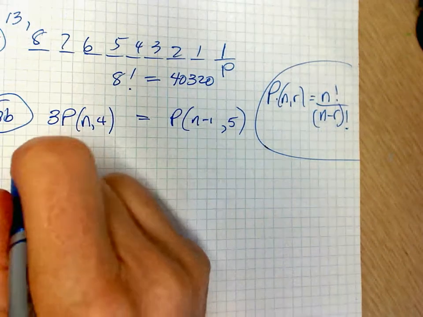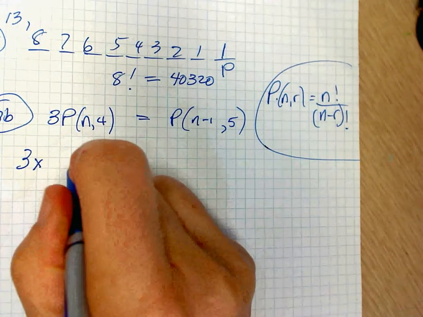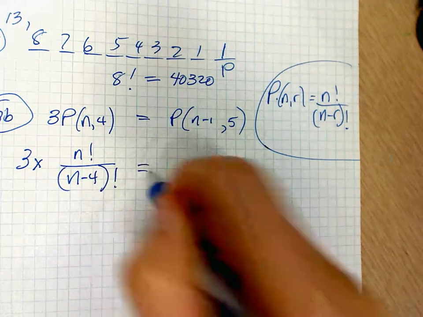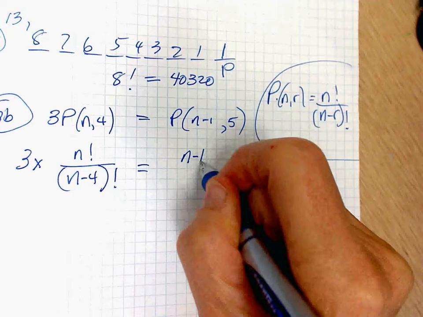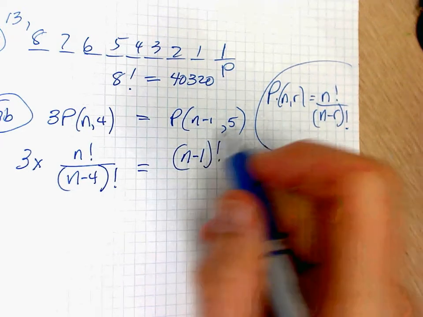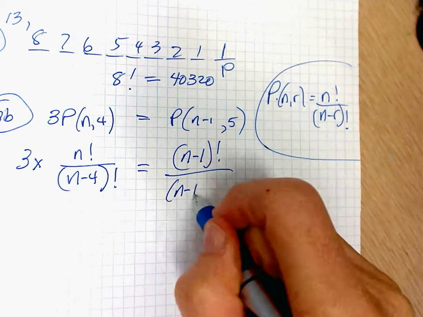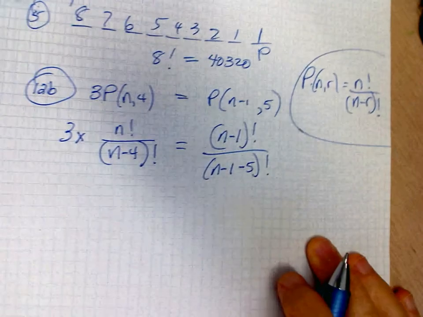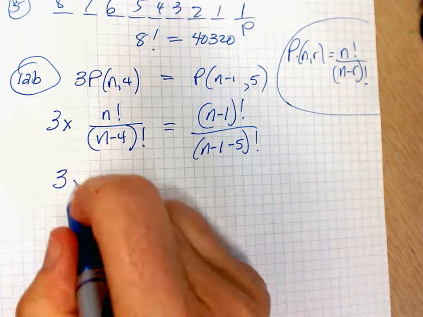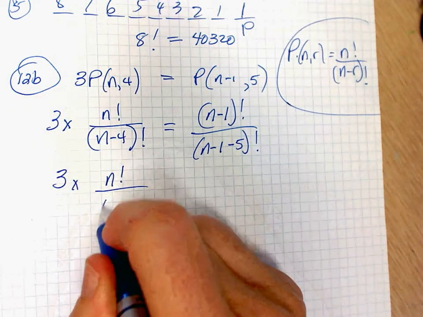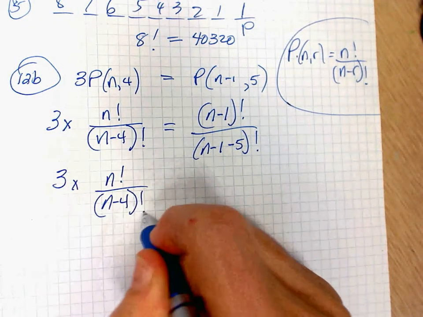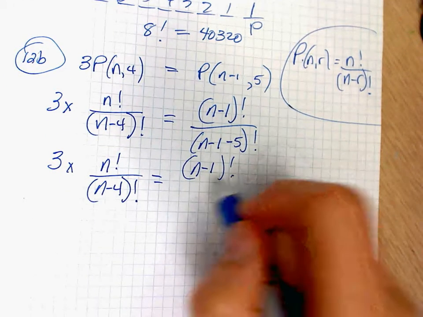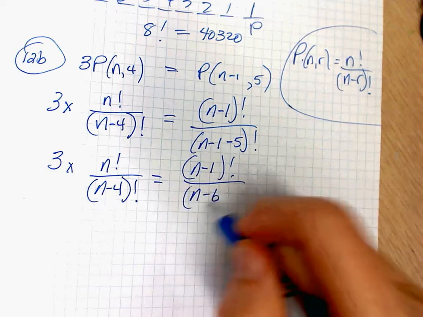So we have 3 times n factorial over n minus 4 factorial equals n minus 1 factorial over n minus 1 minus 5 factorial. So 3 times n factorial over n minus 4 factorial equals n minus 1 factorial over n minus 6 factorial.